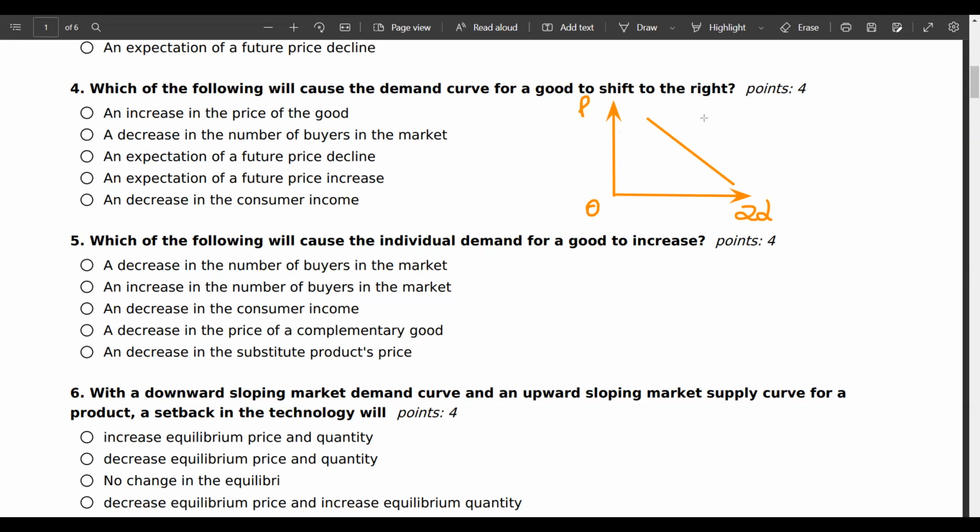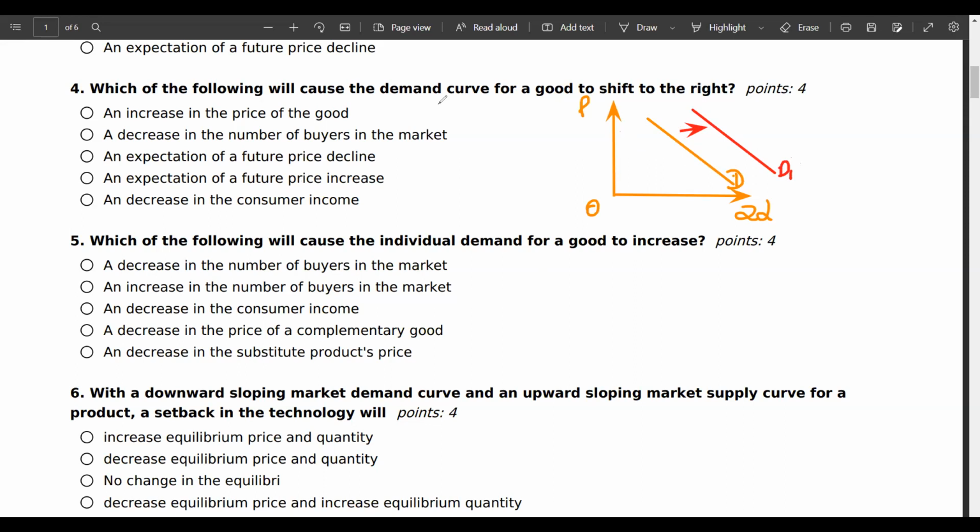My bad. So it should shift this side now. That's the rightward shift. Curve is shifting to the right. So the orange one is our initial demand curve. The red one is the new one after the rightward shift. Let's call it D1.